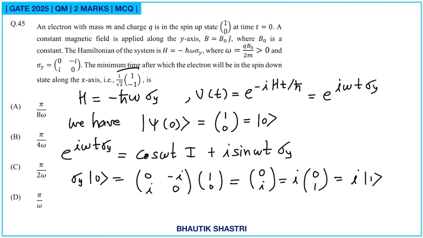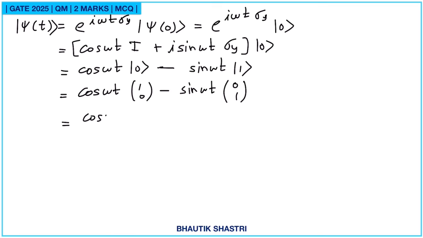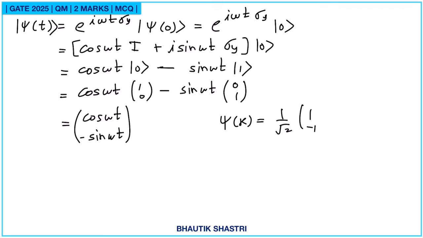Now final state should be this: 1 by root 2 (1, minus 1). So this will be equal to cos omega t (1, 0) minus sin omega t (0, 1), which is (cos omega t, minus sin omega t). And we want this final state to be equal to 1 by root 2 (1, minus 1).